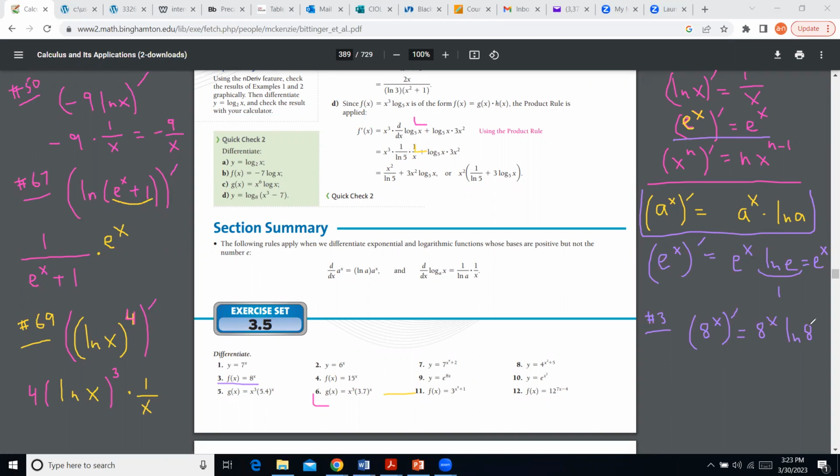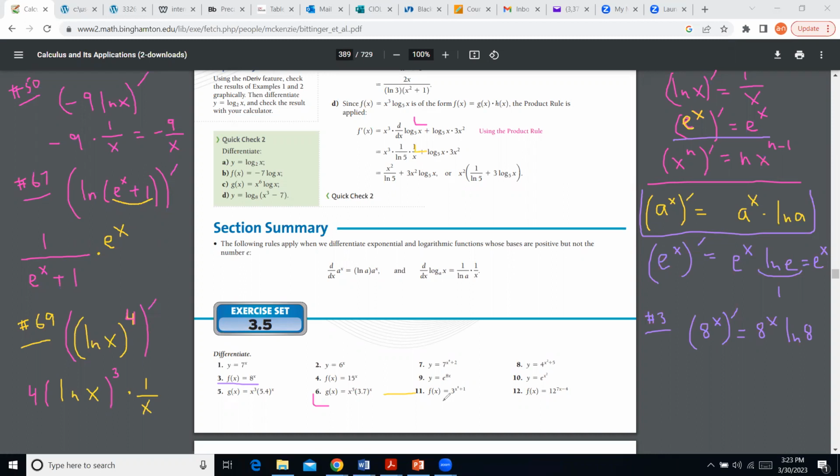I can just place this in a calculator and get some type of a decimal. But 8 to the power of x you can't put in a calculator because x is variable. So don't bother, just keep it like that.